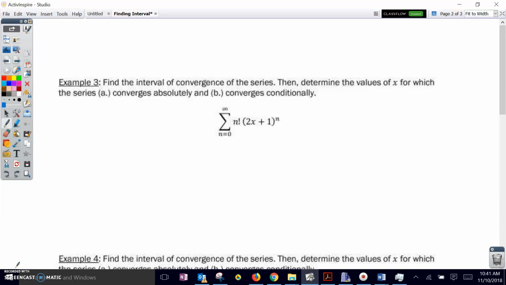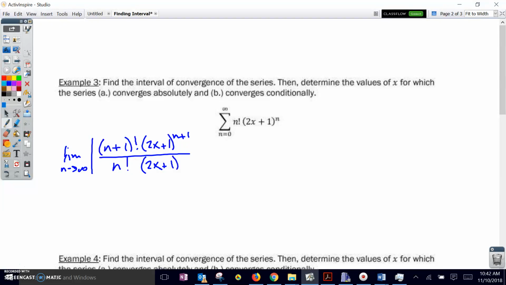So we're going to start here by using the ratio test to get our base interval of convergence for this series. So we've got the limit as n goes to infinity of (n plus 1) factorial times (2x plus 1) to the n plus 1 all over n factorial times (2x plus 1) to the n.